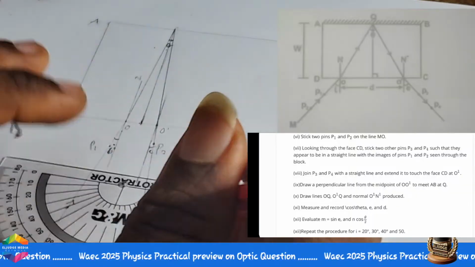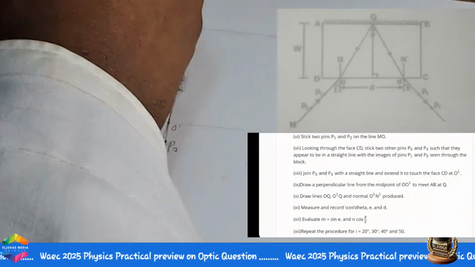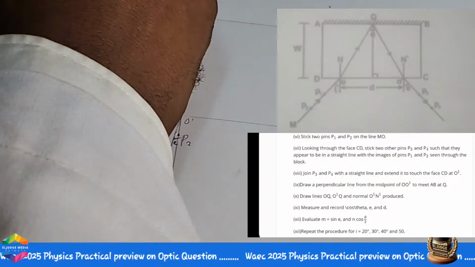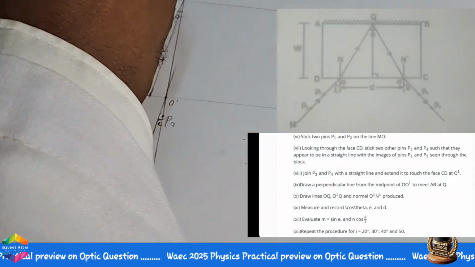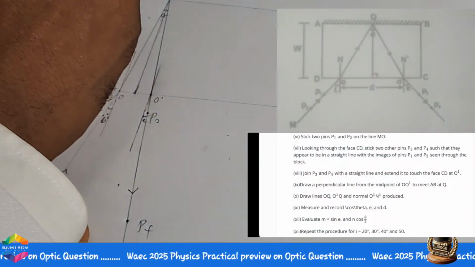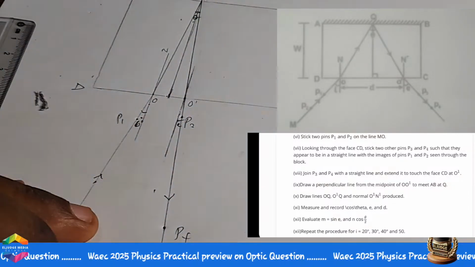Our E here is 7. So I is 10 degrees. E is 7 degrees.